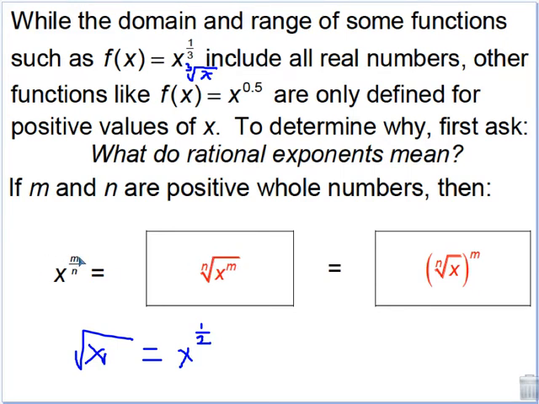Anytime you have an exponent with a ratio or a fraction, your m value is the power that you're raised to. So you could have x raised to the m power, and then your denominator is going to be your root, so maybe your square root or cube root or whatever. There are two ways that you can write that. You can write it like this or like this. Both of them, even if you type them in the calculator, will give you the same answer.